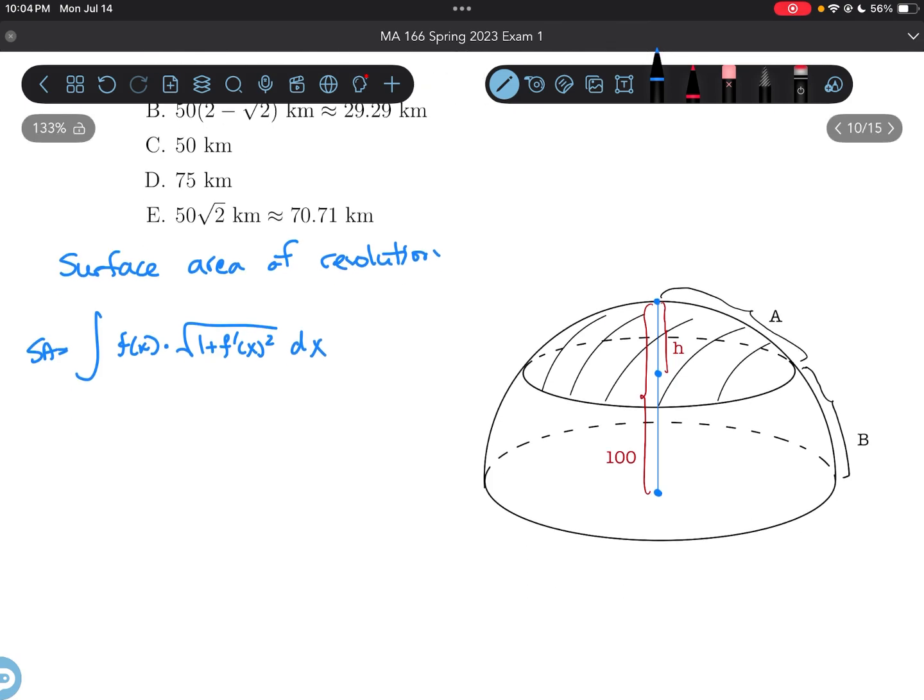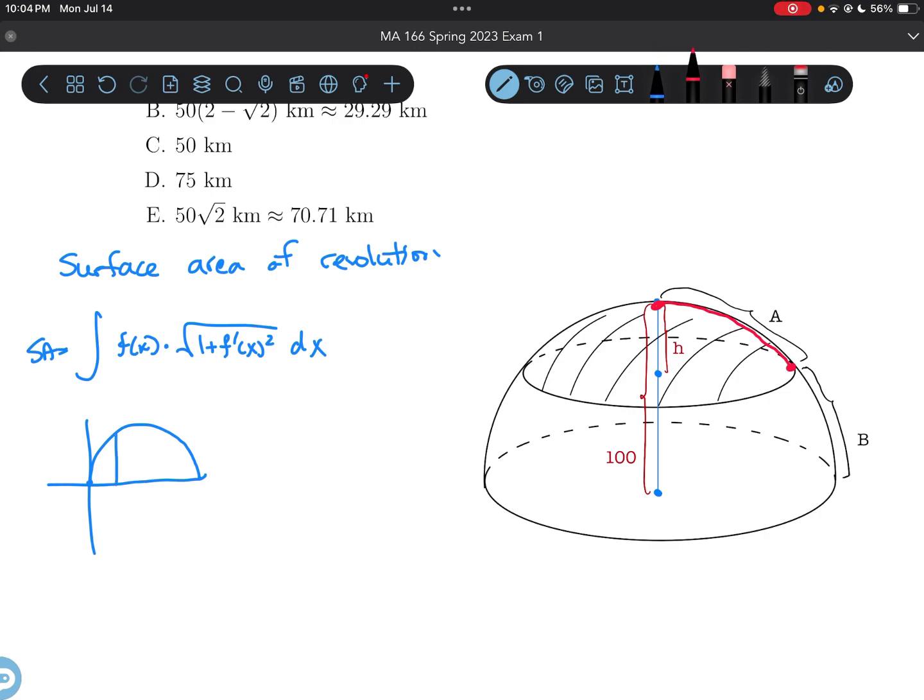So now what we want to do is think of this sphere cap as a result of rotating this segment in red about the x-axis. So I can imagine this sphere as a two-dimensional circle instead.